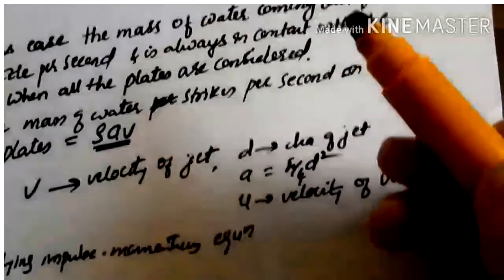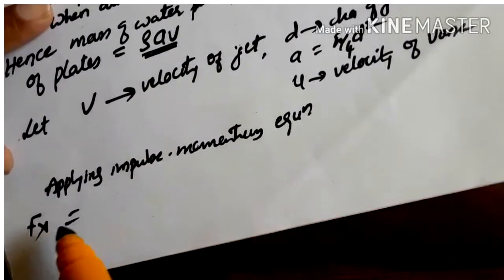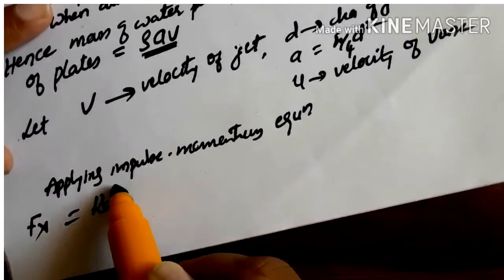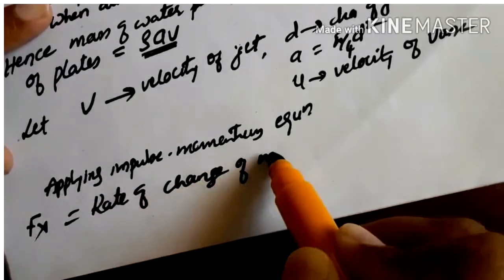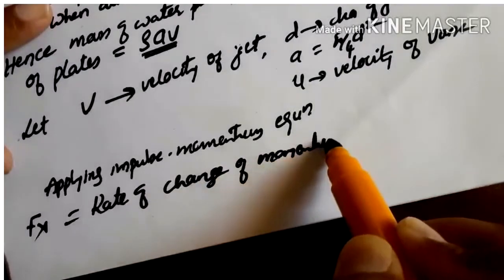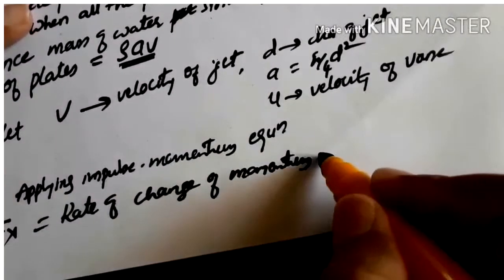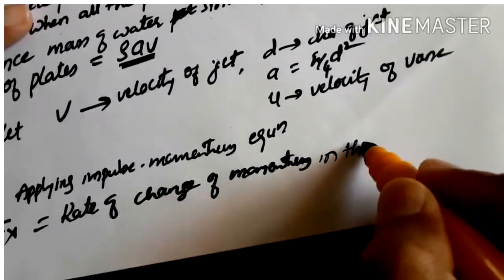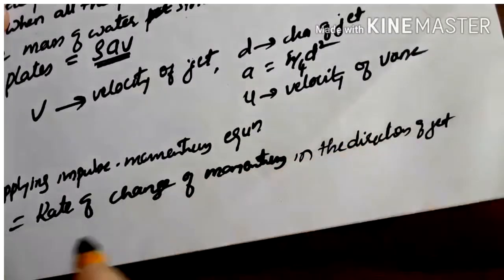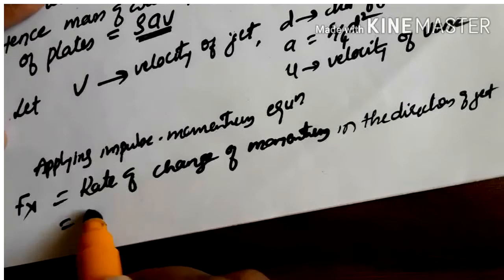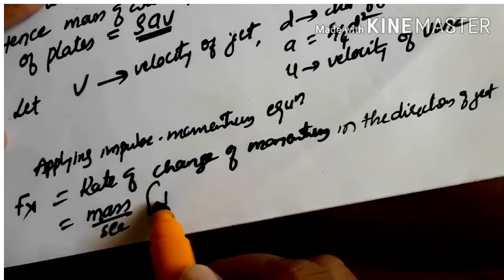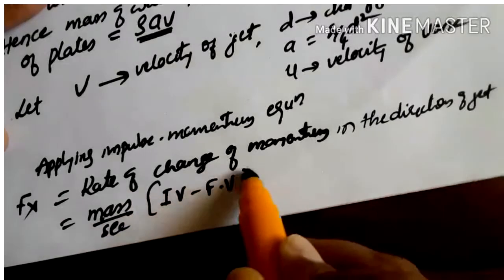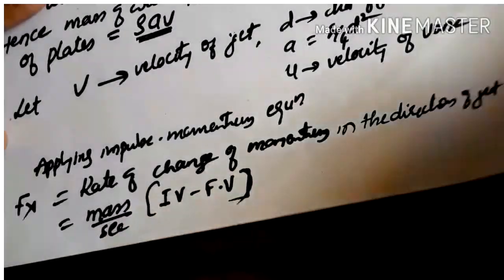You know the impulse momentum equation: Fx equals the rate of change of momentum in the direction of jet, that is, mass per second into initial velocity minus final velocity.